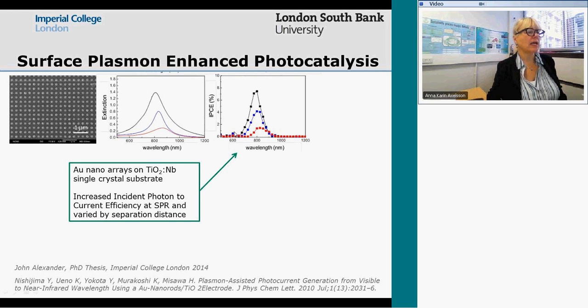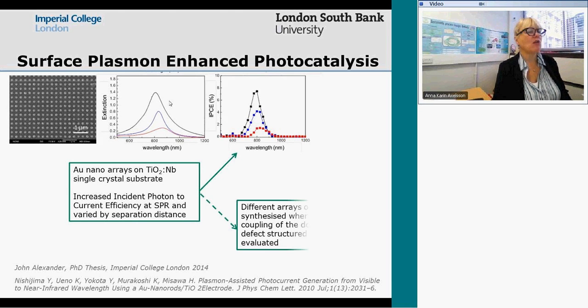But the increase in photon-to-current efficiency percentage also has a peak exactly at the same position as the surface plasmon. We learned that it's probably due to the plasmon combined with the TiO2 that increased the photocurrent, and this will then be attractive in solar light-driven photocatalysis.